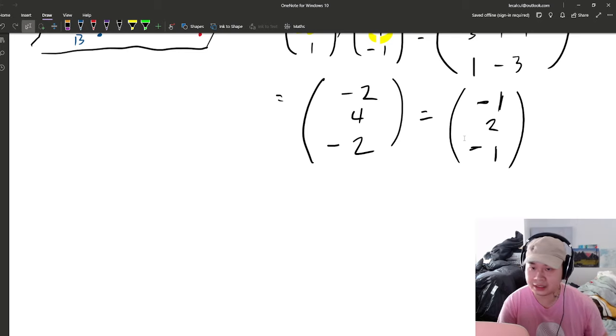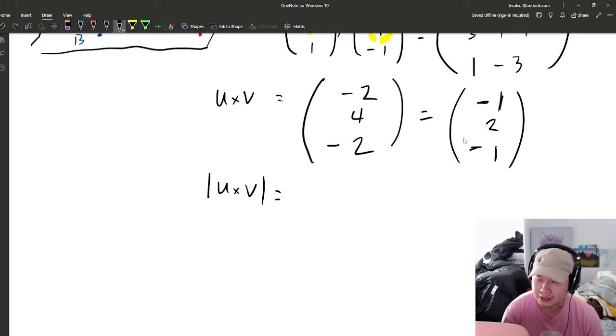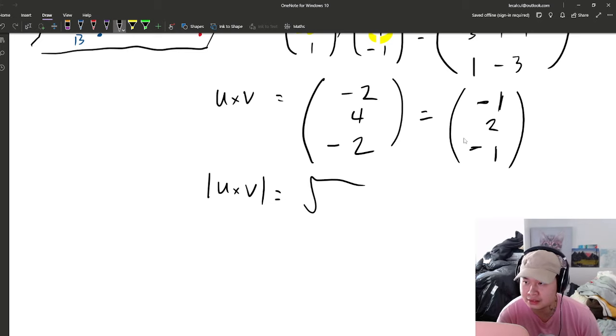Now, if you notice, if this is U cross V, we can calculate the length of U cross V. This is square root of 1 plus 4 plus 1, so this is square root 6, right? Oh, we already know it's square root 6.